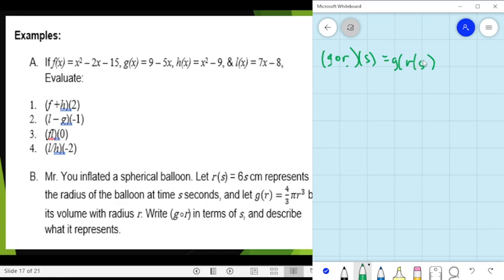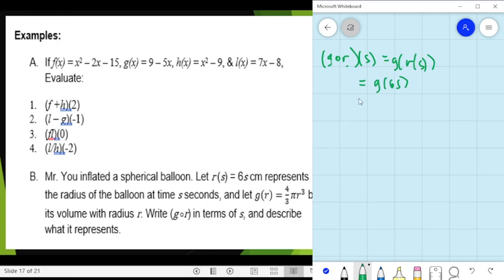So we are going to replace the R of s with 6s. So G of 6s.